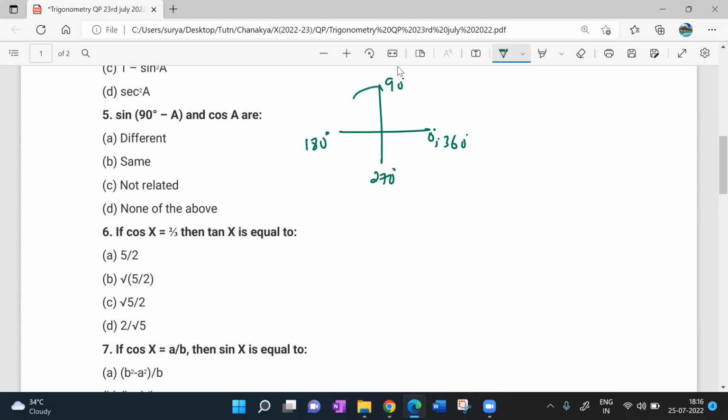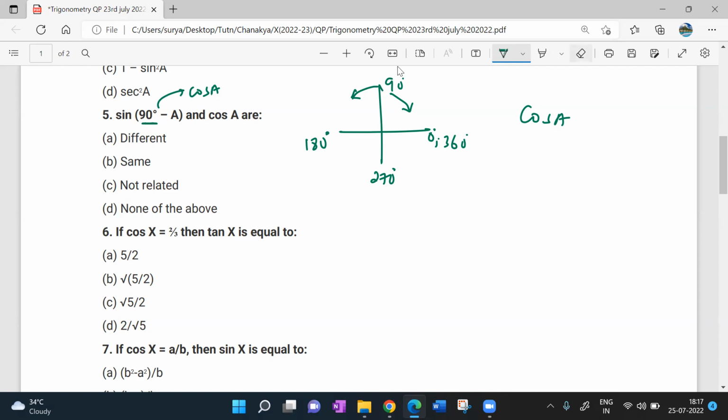As I told you, if theta moves forward in the anti-clockwise direction, I should take positive. If theta moves in the clockwise direction, I should take negative. So sine of 90 minus A, first quadrant. Sine of 90 minus A is what? Cos A.